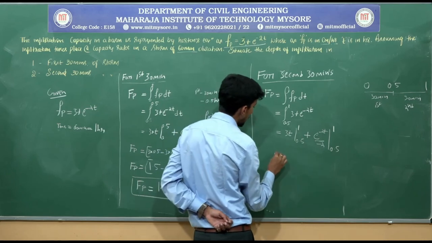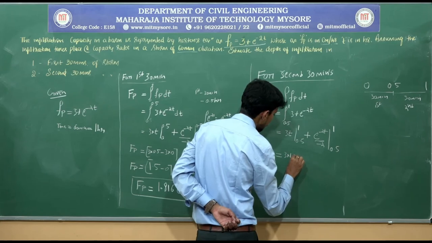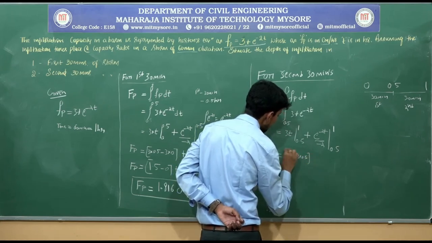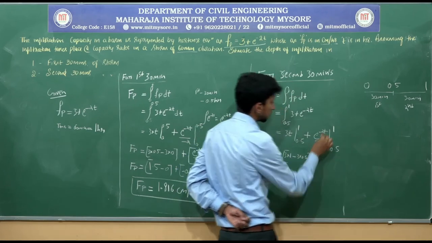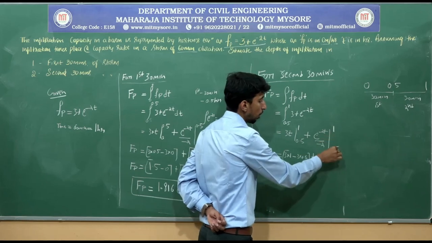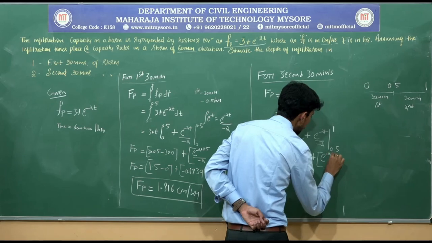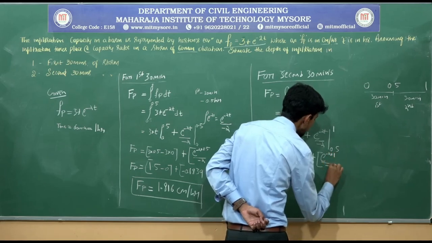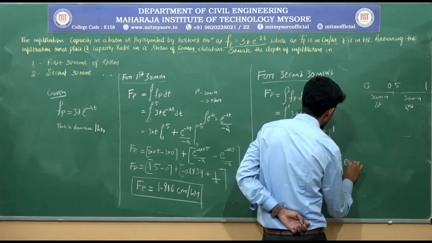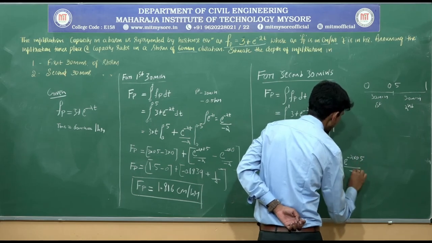If you substitute these values to the limits, 3 into 1 minus 3 into 0.5, plus e power minus 2 into 1 by minus 2 minus e power minus 2 into 0.5 by minus 2.